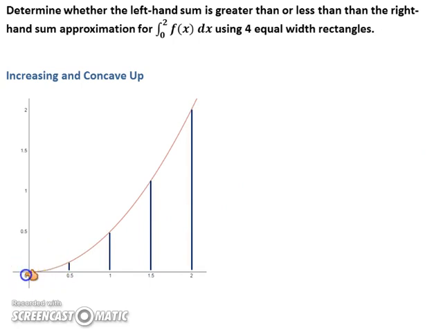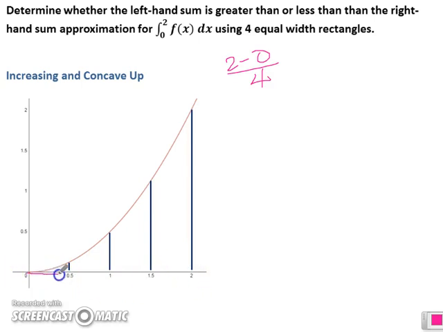So we'll start making our rectangles using 0, and then delta x, in this case B minus A over n, so 2 minus 0 over 4 is 1/2. So each one of these is 1/2 distance apart. So this is at 1/2, 1, 1.5, and then 2.